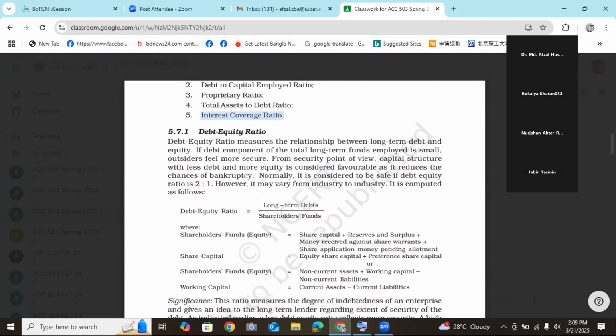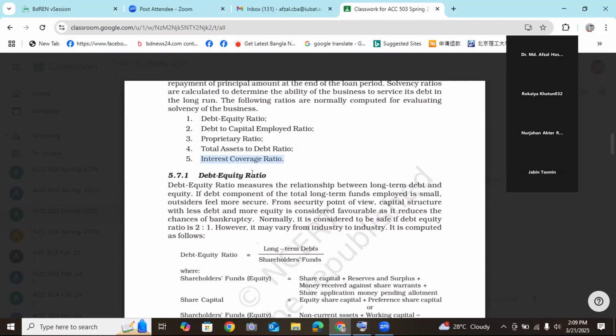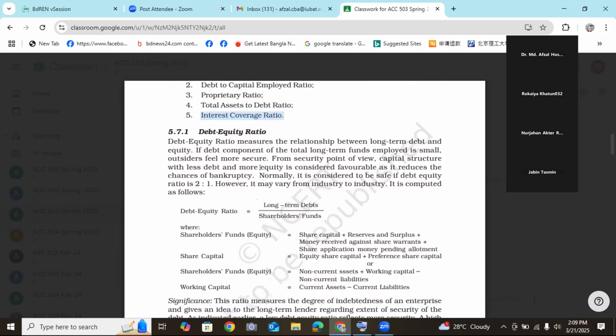So first of all, the debt to equity ratio. What is the debt to equity ratio? It is the ratio between debt and equity. The formula is long-term debts divided by shareholders funds, that means shareholder equity.